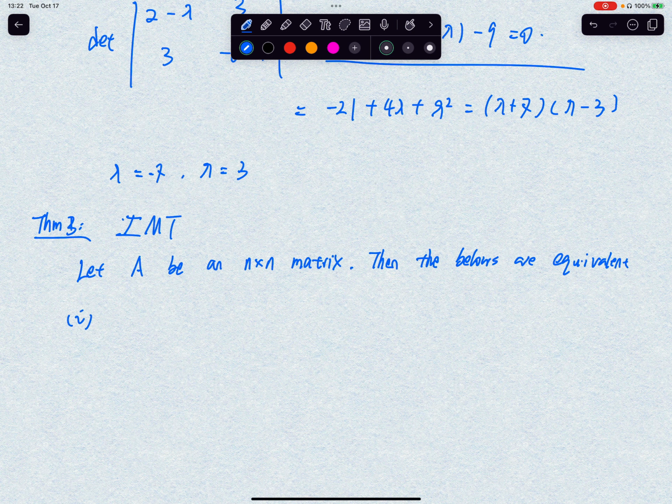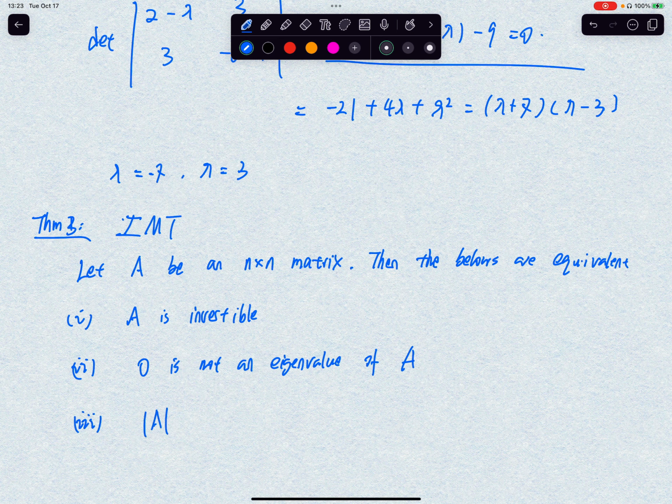Still our first statement is that A is invertible if and only if 0 is not an eigenvalue of A, if and only if it has determinant non-zero. So in fact, only the second statement is new here.